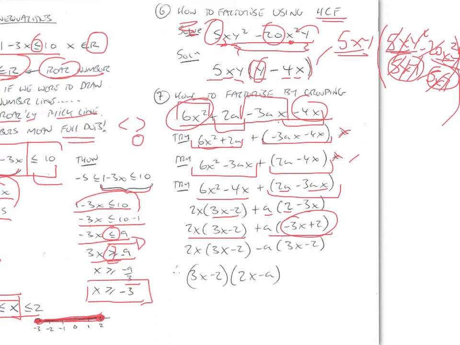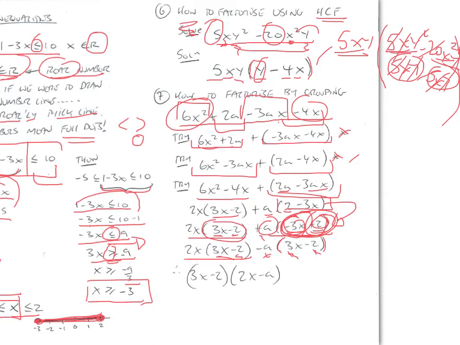I had here 2 minus 3x, and I've just rewritten it, keeping the minus 3x and the plus 2, but the other way around, so that I have x here and 2 there. It helps me see that this term is similar to this term in every way except for the signs. I can fix that by multiplying this term and this term by minus 1, so that I'll have 2x times (3x minus 2) minus a times (3x minus 2).